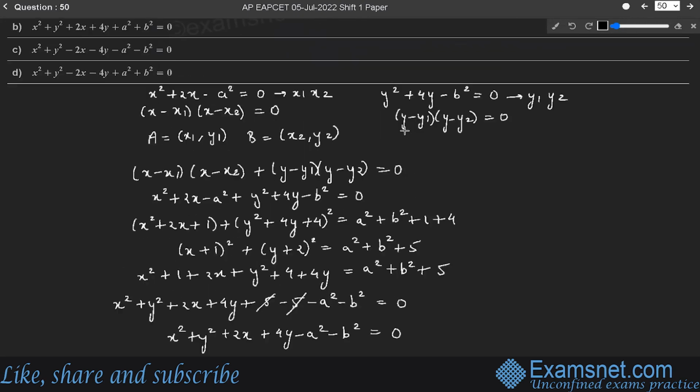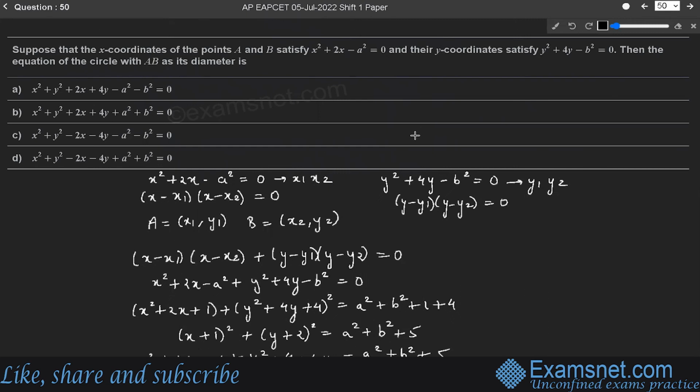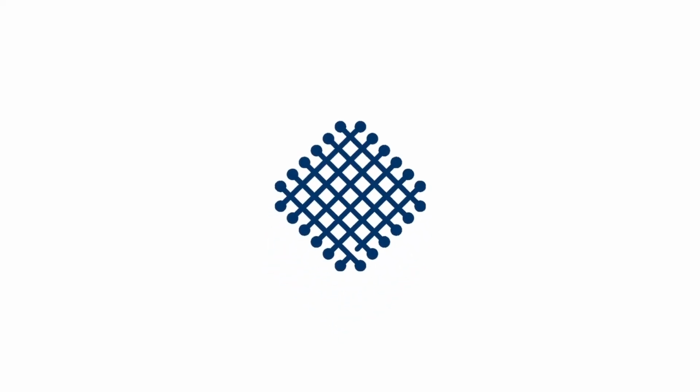This is the required equation here. Therefore, we can say that the correct equation is x square plus y square plus 2x plus 4y minus a square minus b square is equal to 0. Therefore, option number A is the correct option for this question.